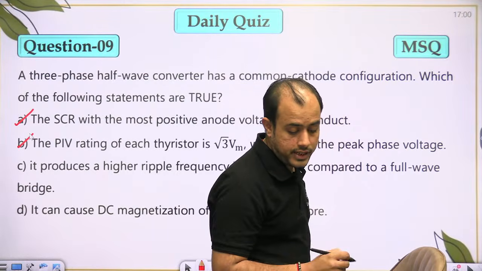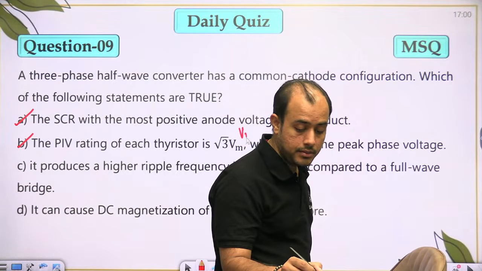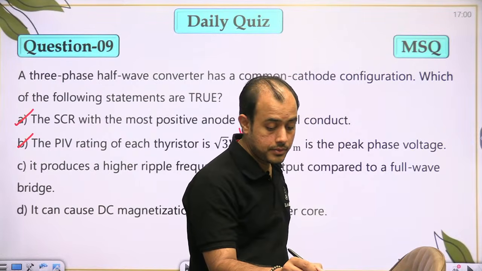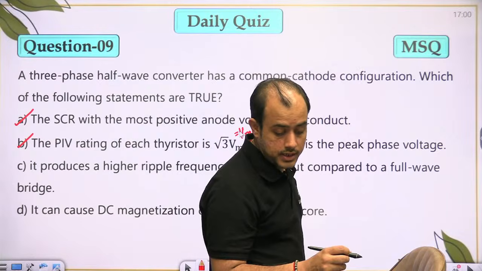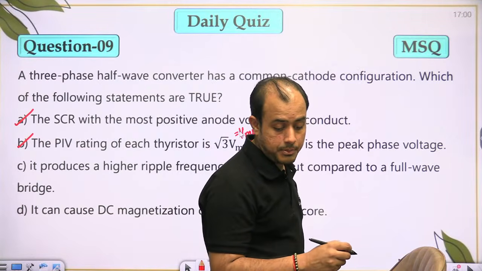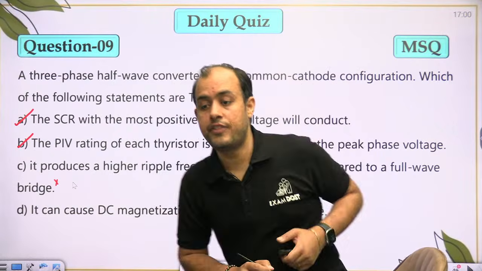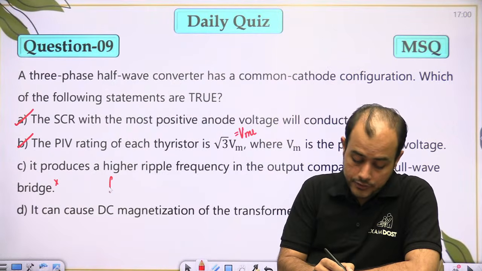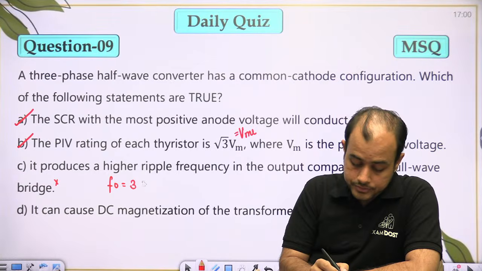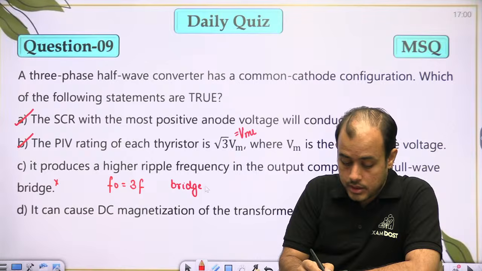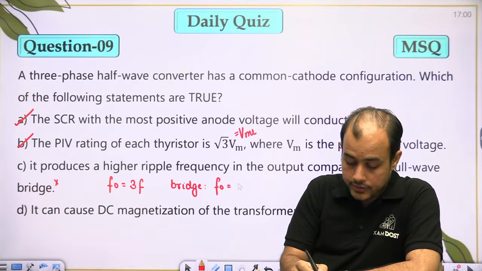PIV is root 3 Vm, that is VML. है ना, root 3 Vm is VML. It produces a higher ripple frequency compared to a full wave bridge. No, because for half wave, ripple frequency is 3f. For bridge, f naught is 6f.